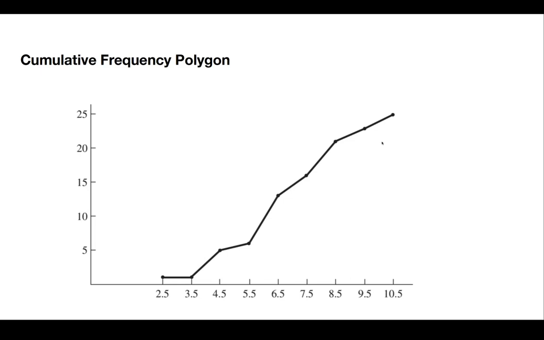So in the table example that we have, if you look at the x-axis and search for the score of 6, move up until you hit the curve, and then move to the left, you will hit the vertical axis near the frequency of 10.